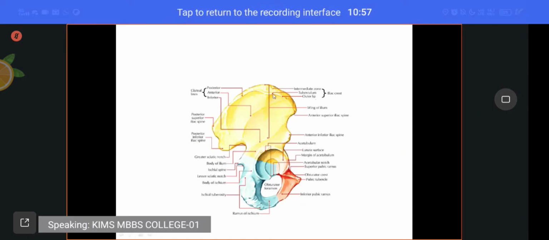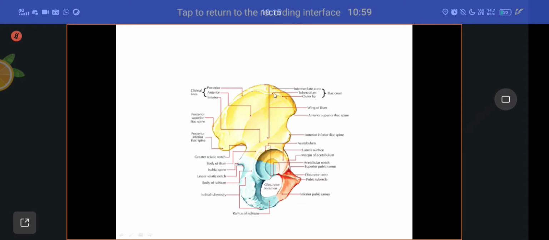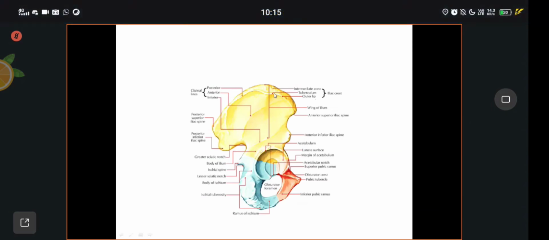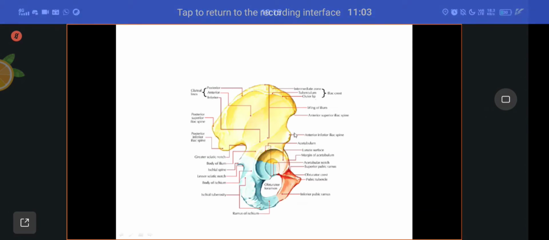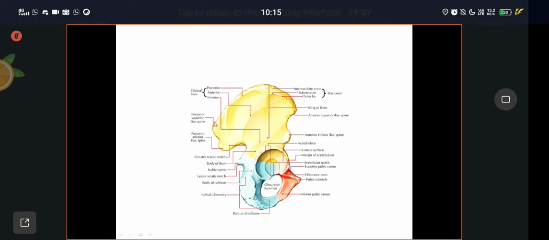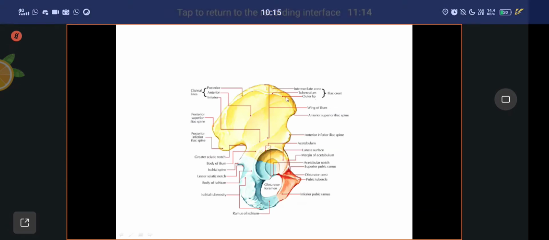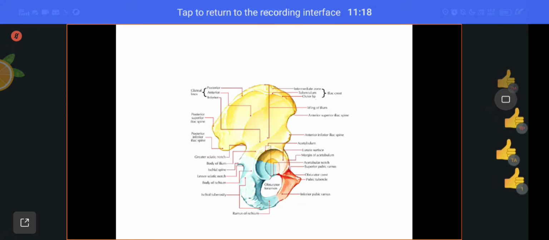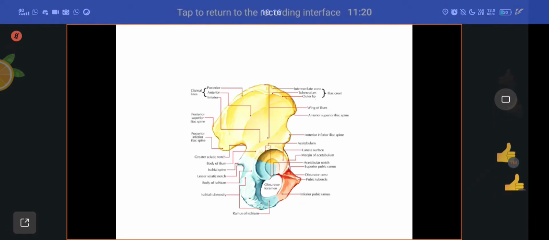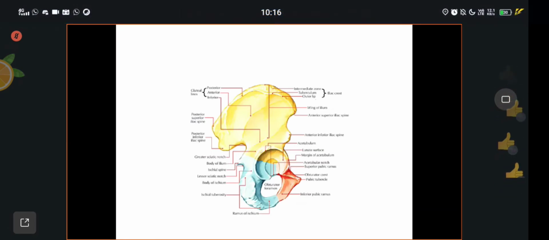What is that tubercle called? Iliac tubercle. And this iliac crest is divided into ventral 2/3 and dorsal 1/3. Have you understood the points about the iliac crest?